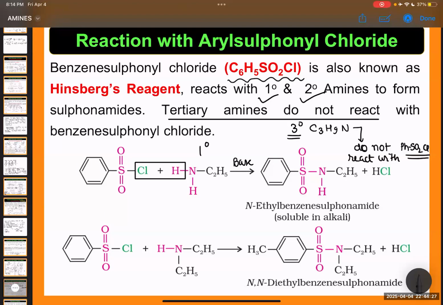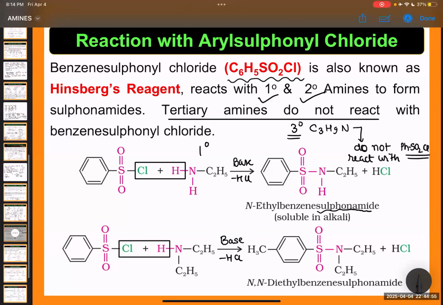And secondary amine, diethylamine, that also can react by the base. In the presence of base, because you need to remove HCl. Got it? Minus HCl. Right? And whatever you get is known as sulfonamides.